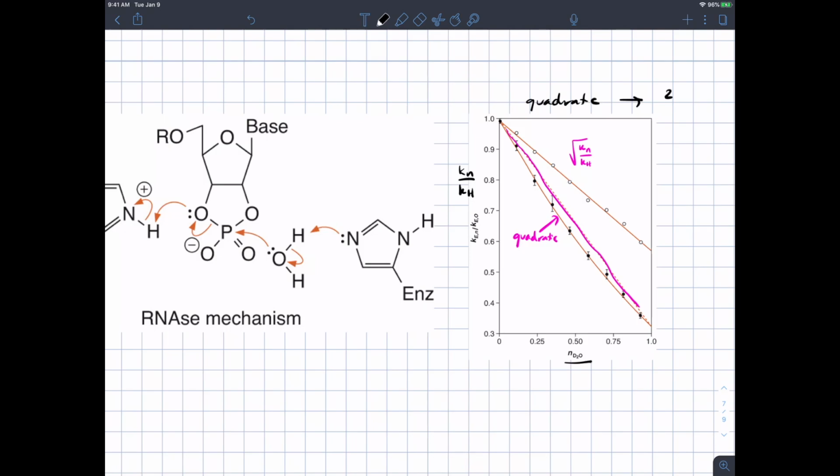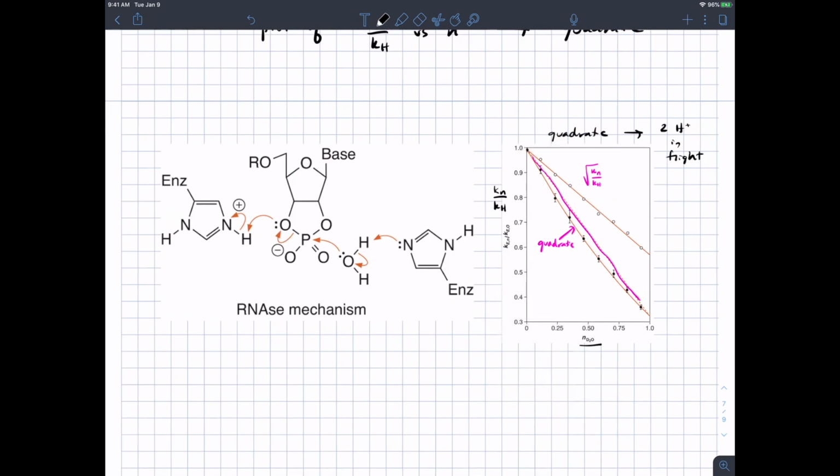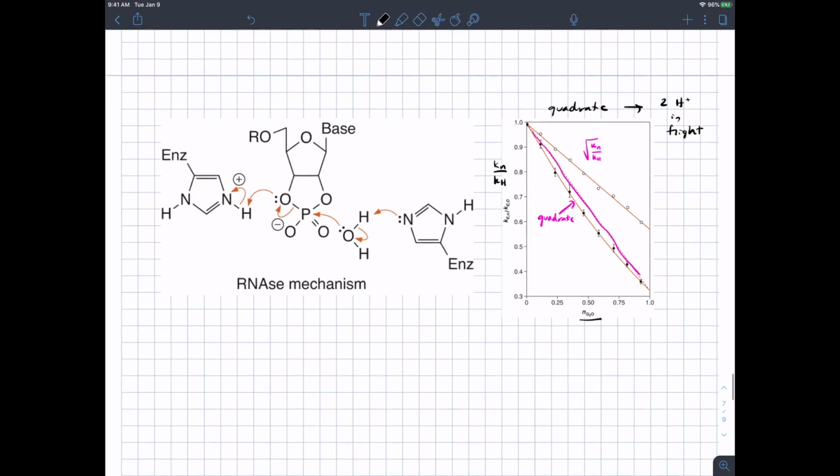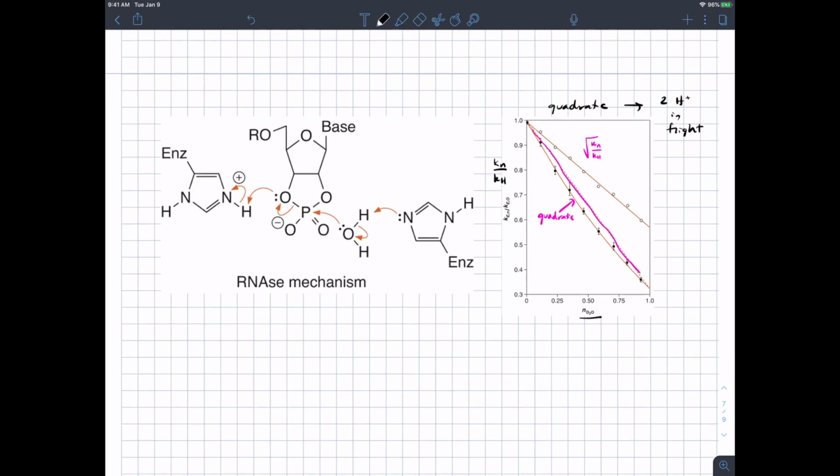That means two protons are in flight during the reaction. That is a complicated but very powerful technique. If you want to learn more about it, you should go look at the following reference. This is in JACS in 1986. I was 7 years old in 1986, volume 108, page 5316.